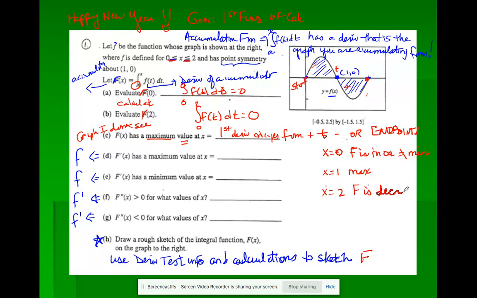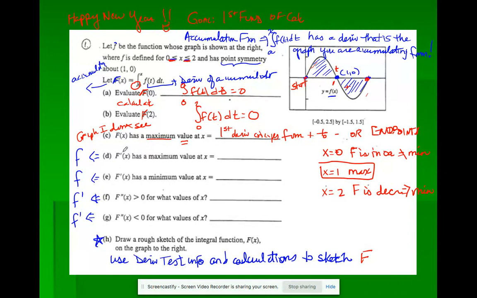And if the original is decreasing to the right endpoint, the right endpoint must also be a min. So capital F has a maximum value at x equals. It didn't ask me what the maximum value was, and I don't know what it is, because I don't know the integral from 0 to 1. But at x equals 1 is the answer to C.